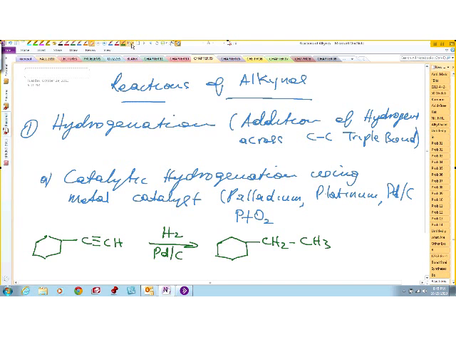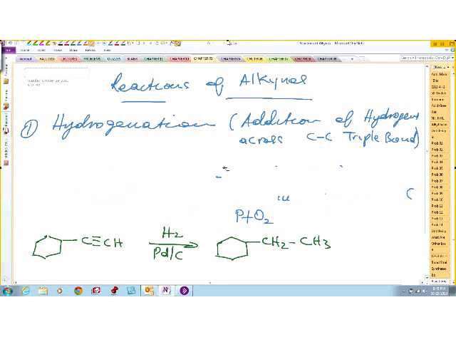If, for example, I tell you this here, I use 1 equivalent of hydrogen, and then of course the catalyst is here.